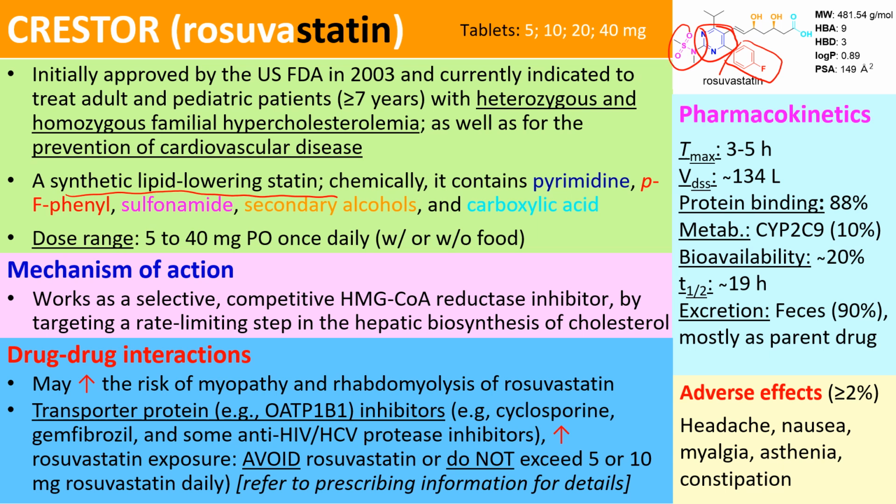So that's the strength of the tablets. And because rosuvastatin is more potent compared to atorvastatin, if we look at the dose range, you can see it's a lower dose, 5 to 40 milligram, taken orally once daily, with or without food.